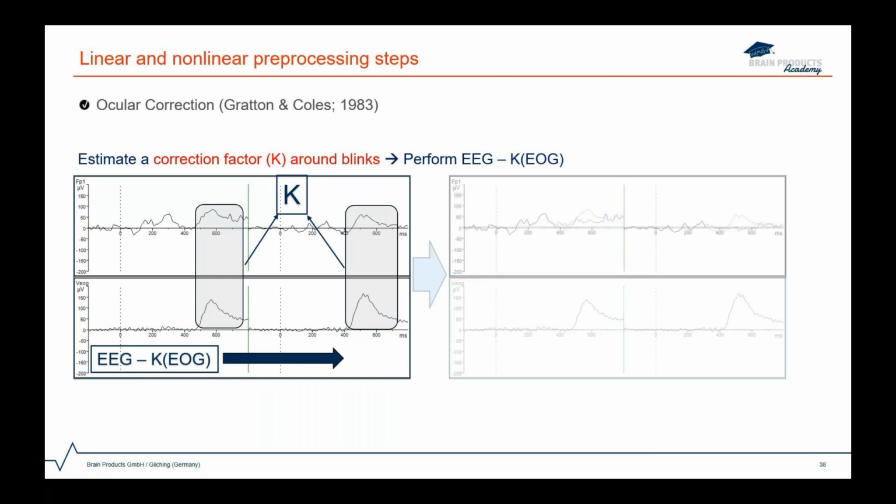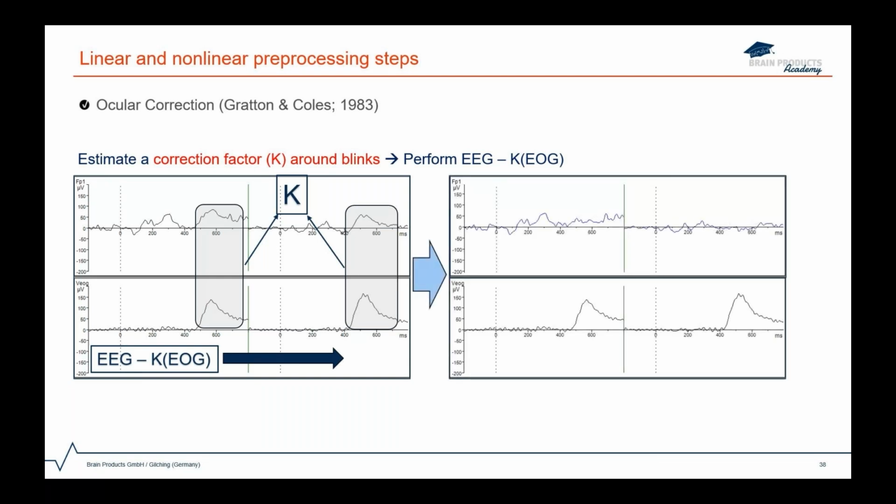This produces the result where the influence of the blinks over the EEG is reduced. But as you can see, this process is nonlinear because it involves a scaling factor derived from observed data values, in this case, this K correction factor.